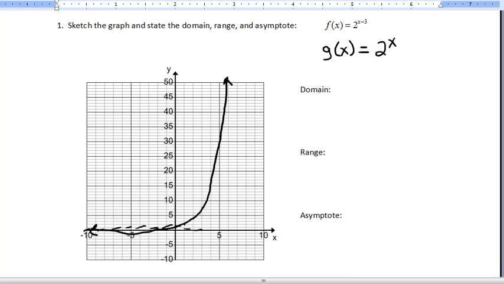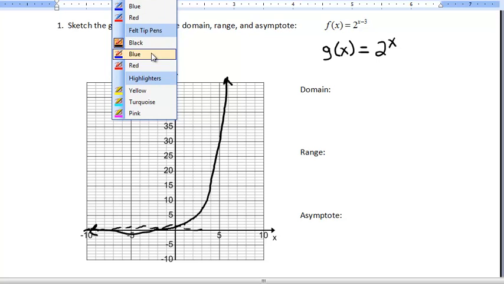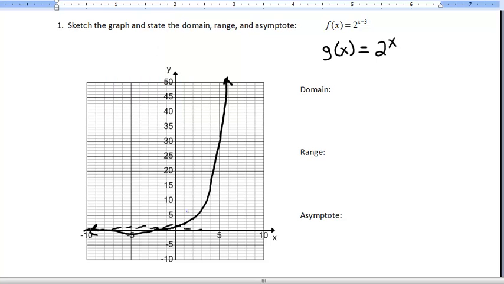Okay, now that's the 2 to the x. For the other one, that's 2 to the x minus 3, we shift all of these points over 3 units. So this point was 0, 1. It's now going to become 3, 1. This point was 1, 2. Now it's going to become 4, 2. This point was 2, 4. Now it's going to become 5, 4.